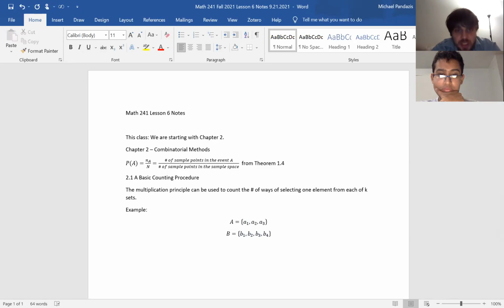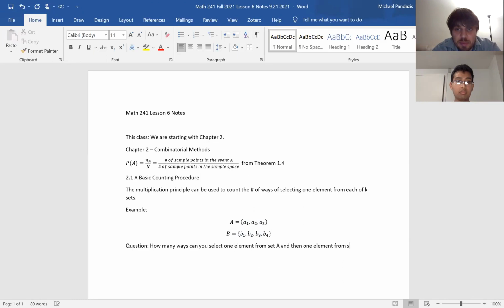So you can ask yourself a question: how many ways can you select one element from set A and then one element from set B? This is an example of the multiplication principle.